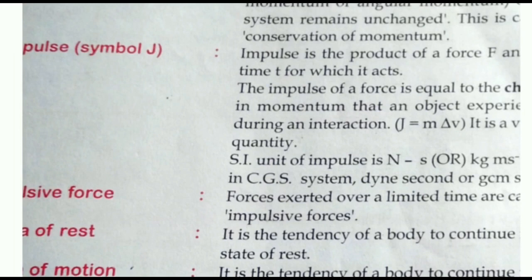The impulse of a force is equal to the change in momentum, so J is equal to m into delta V. It is a vector quantity.